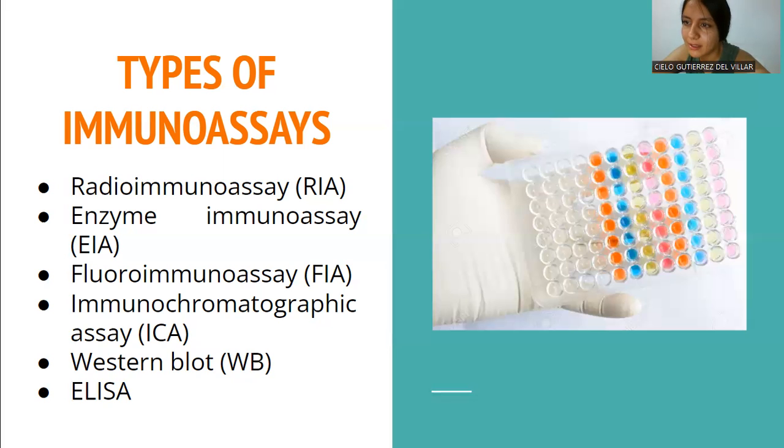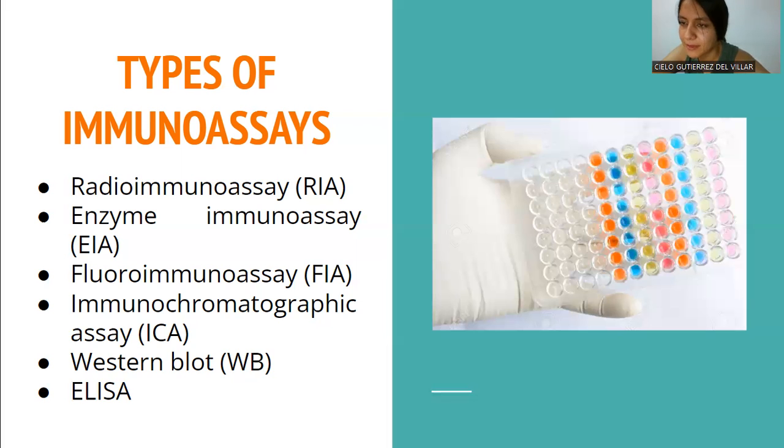This is a technique that uses an enzymatic colorimetric system to detect a specific substance in a sample. Fluoroimmunoassay. This is based on the use of fluorescence spectrometry to obtain quantitative results on the presence of a certain antigen in a sample.